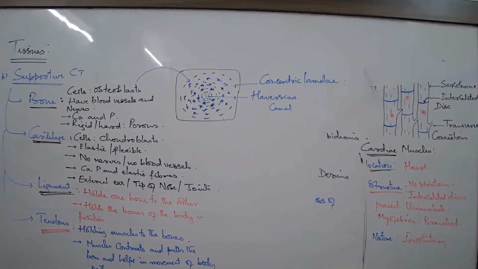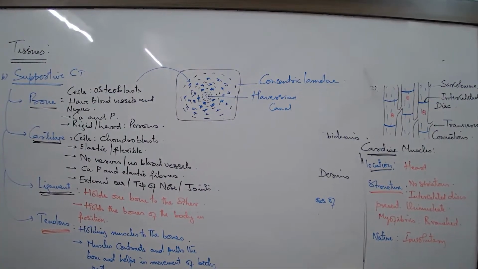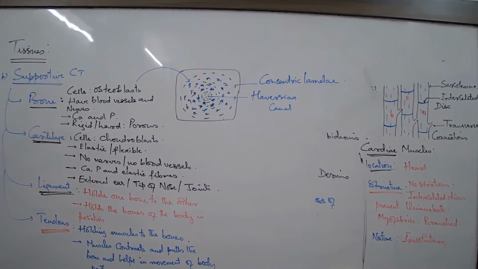Then 1, 2, 3. 3 is the axon terminals. 4 is the neurolemma. 4 is just hanging there. It's already marked, but there's no label up there.